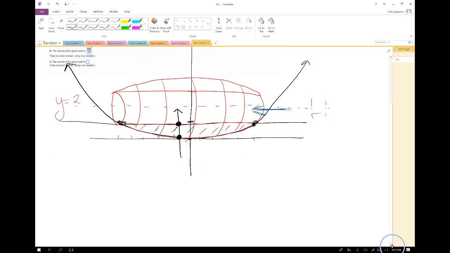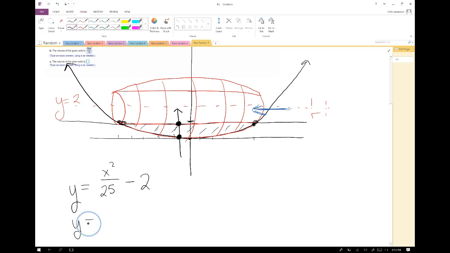We need to shift our graphs down 2 units so that our axis of revolution lines up with the x-axis. So we take our parabola, and to shift it down 2 units, you just subtract 2. There's nothing we can do there to simplify that. Then we take our horizontal line y equals 1. If we shift that down 2 units, it simplifies to y equals negative 1.